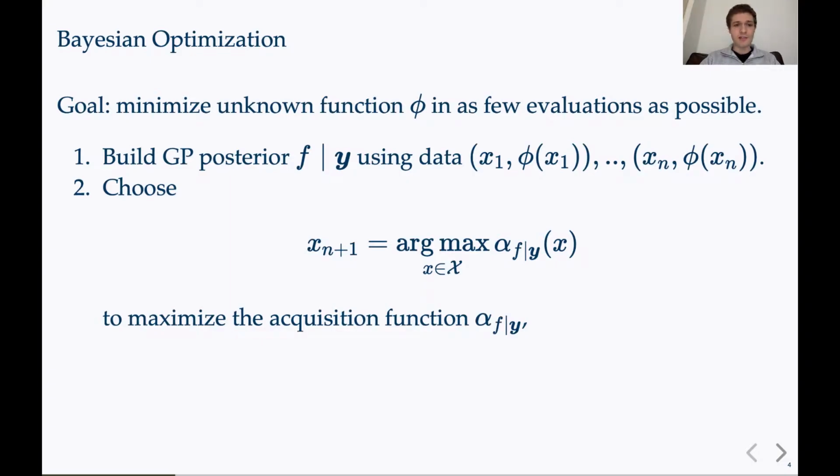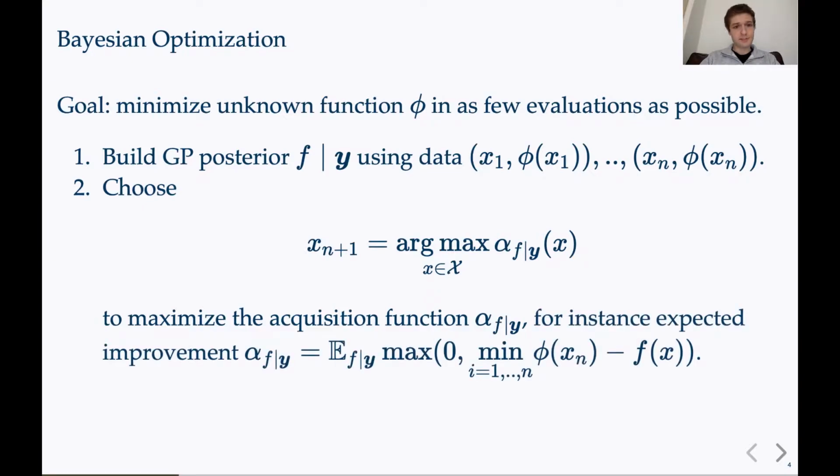A typical acquisition function is expected improvement, shown here. By virtue of incorporating uncertainty, this process automatically resolves the explore-exploit trade-off inherent in minimizing the unknown function, thereby allowing us to do so efficiently in the sense of regret. Let's walk through this process visually.